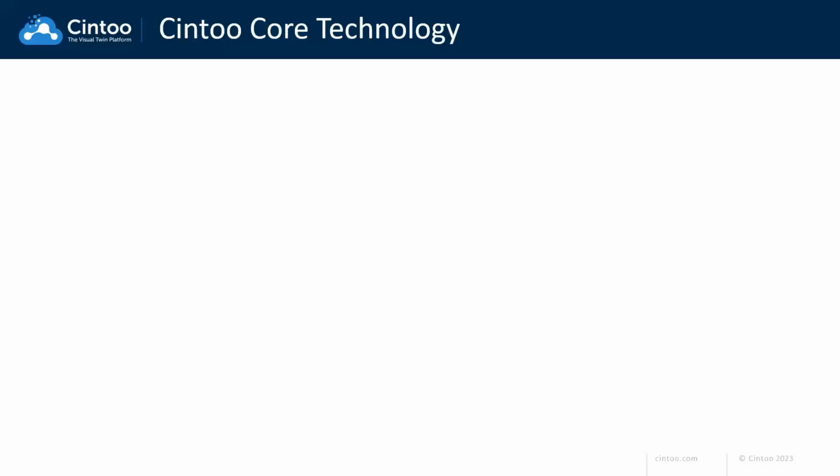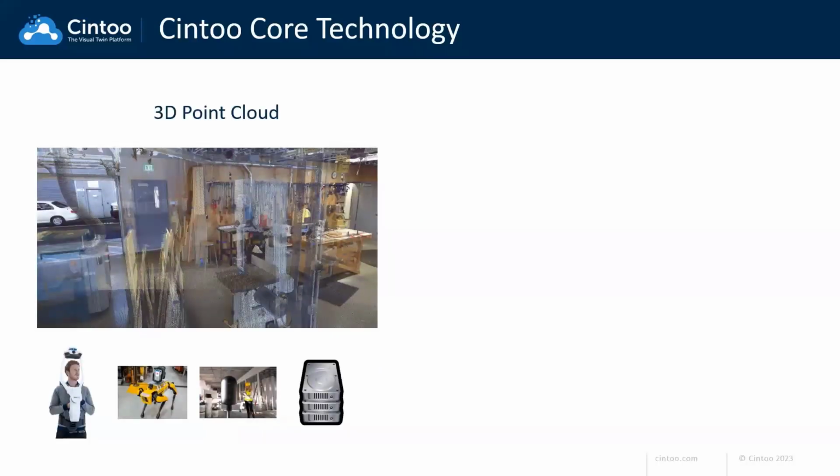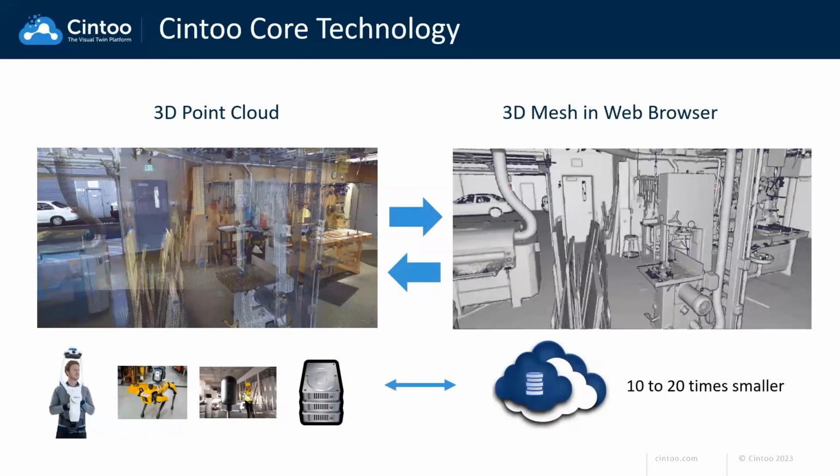Cintu uses a very core technology that will take your 3D point cloud and turn it into a very high resolution 3D mesh at the resolution of your scan. And by doing this point cloud to mesh transformation, we compress the data in a ratio of 10 to 20 times, and we can easily upload this data to the cloud and then easily stream those high-resolution meshes in WebGL browsers.